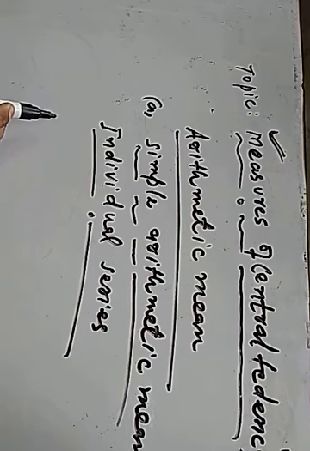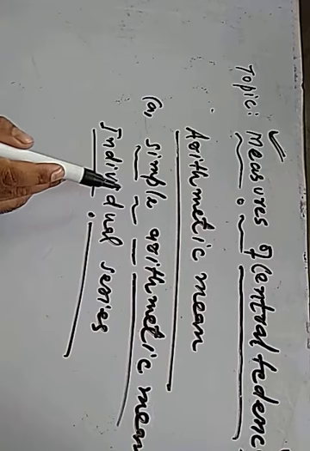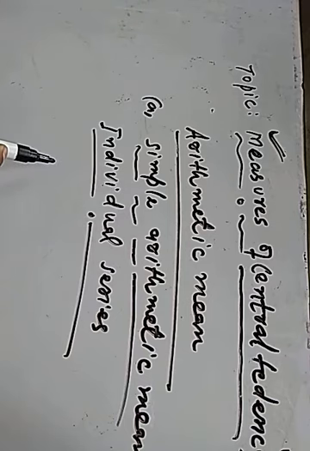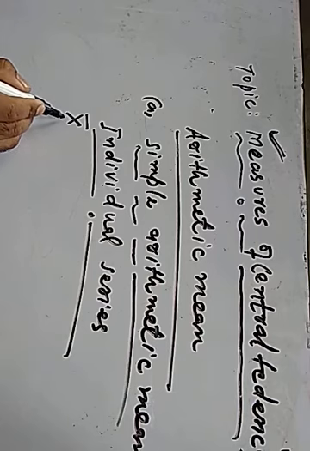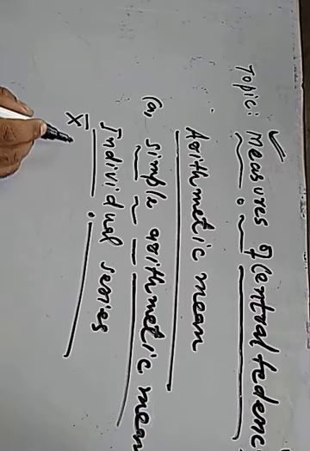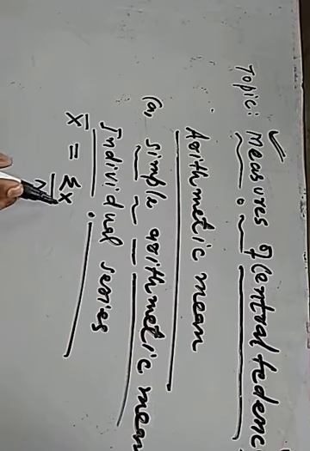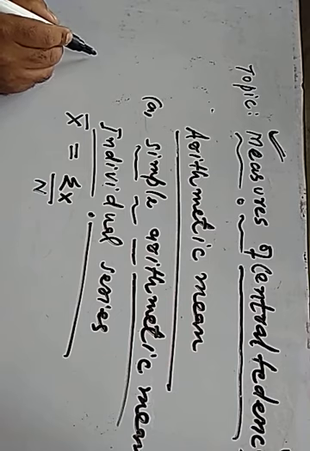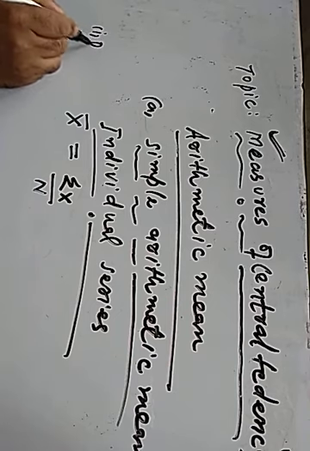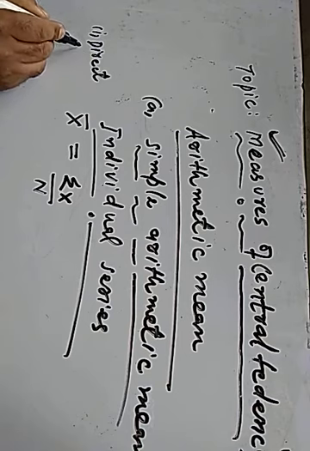And the formula for calculating simple arithmetic mean in case of individual series is given as X bar, which denotes the value of arithmetic mean, and it will be calculated with the help of this formula, sigma x divided by n, and this is the direct method.